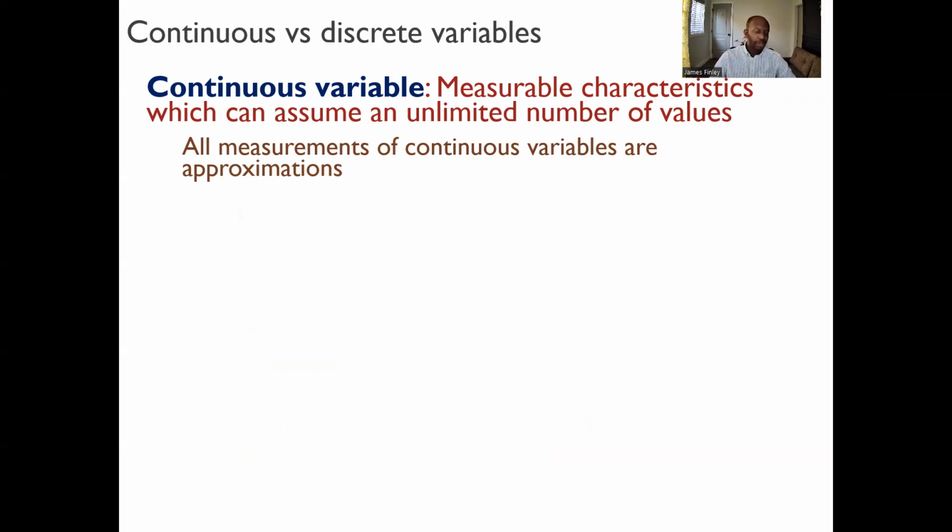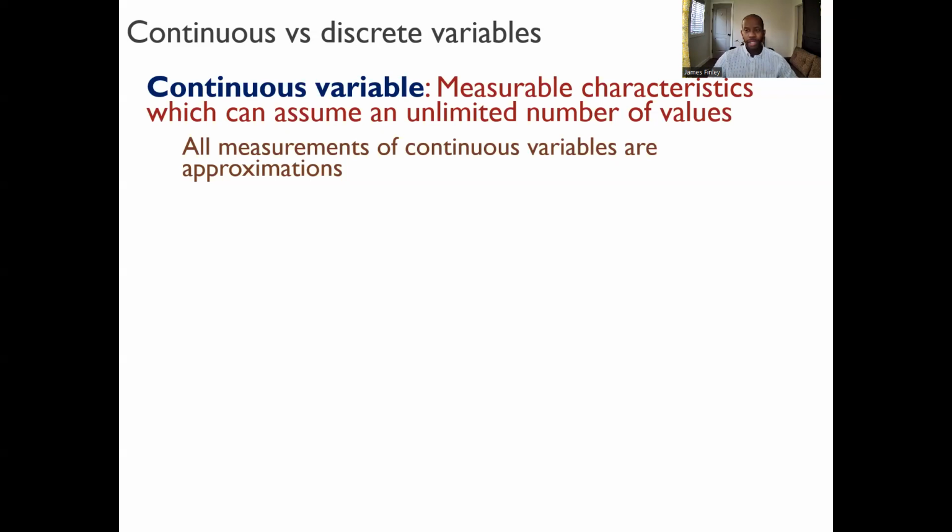But when we're dealing with continuous variables, let's say we are measuring marker positions with our motion capture system, we're going to sample these continuous signals, position as a function of space and time, and the measurements that we make are actually approximations of the true value of this underlying variable.